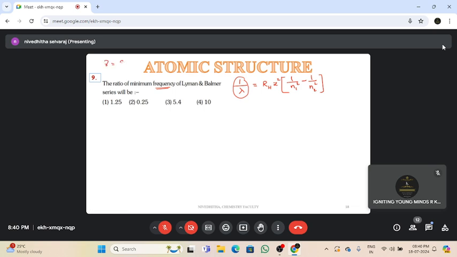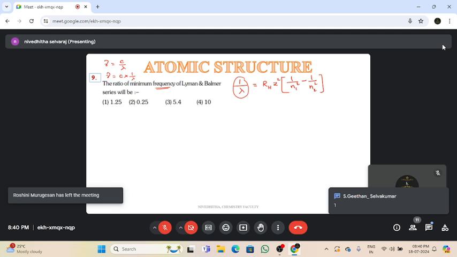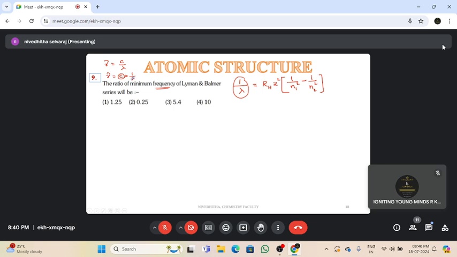How to do that? We know the relationship: nu is equal to c by lambda, right? So nu is c into 1 by lambda. I have to multiply c, the velocity of light, which is 3 into 10 power 8 meter per second, with the wave number to get frequency. So on left and right, I'm multiplying with c.